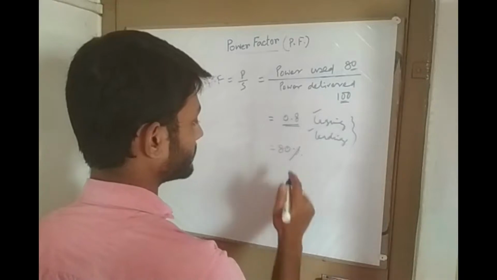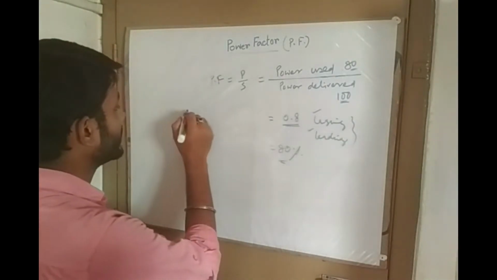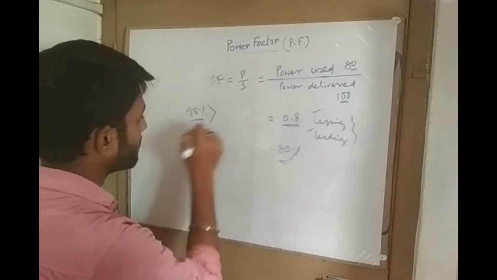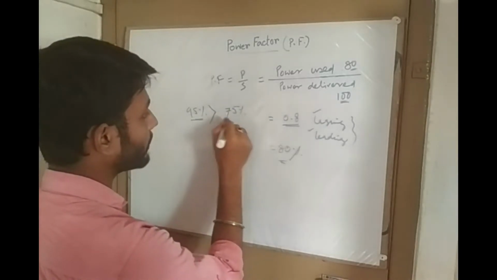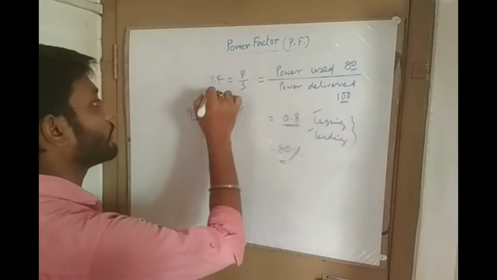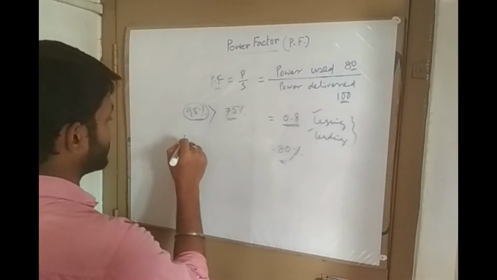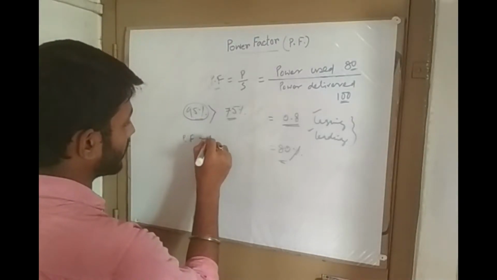Okay, so we can say easily that a 95% power factor is much better than a 75% power factor. In case of power factor, we have to keep the power factor near about 1.